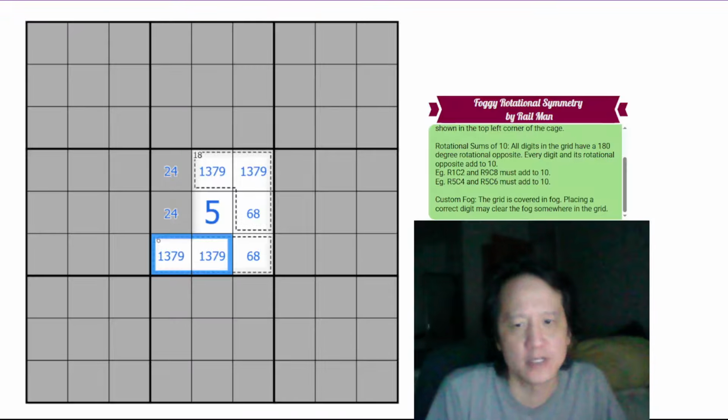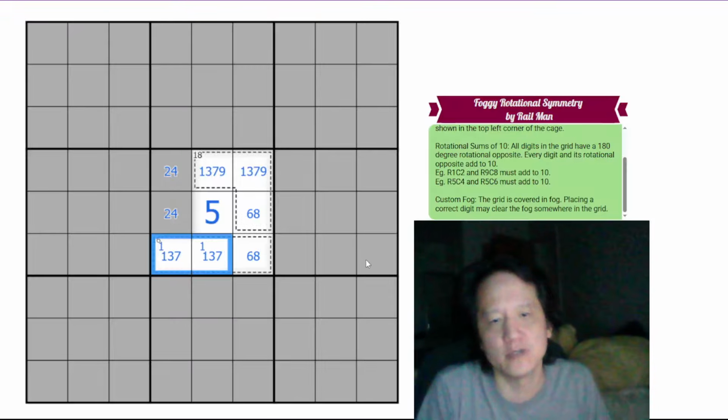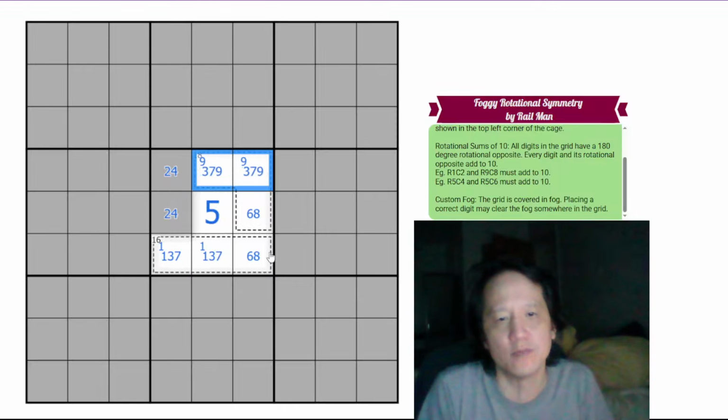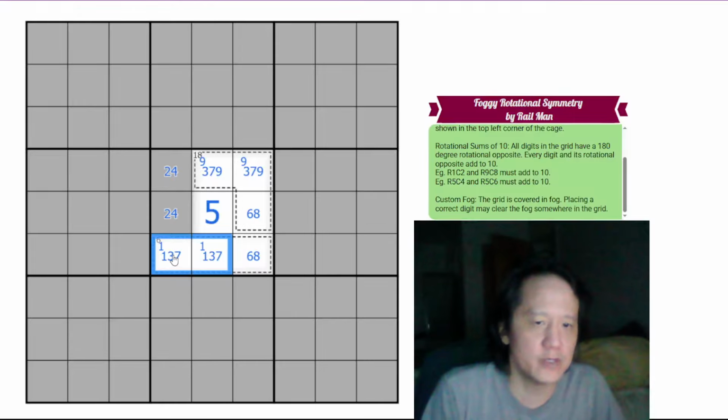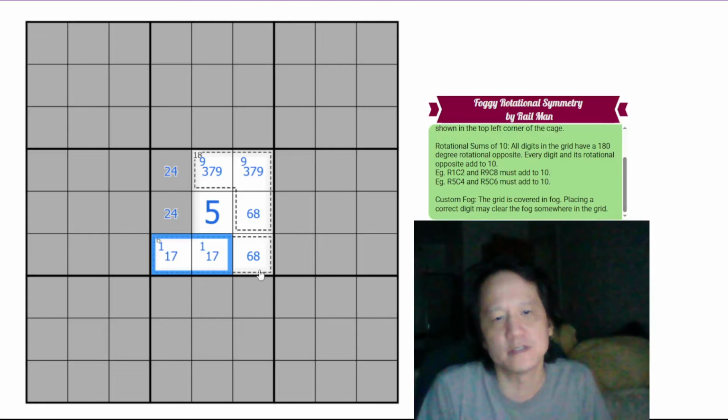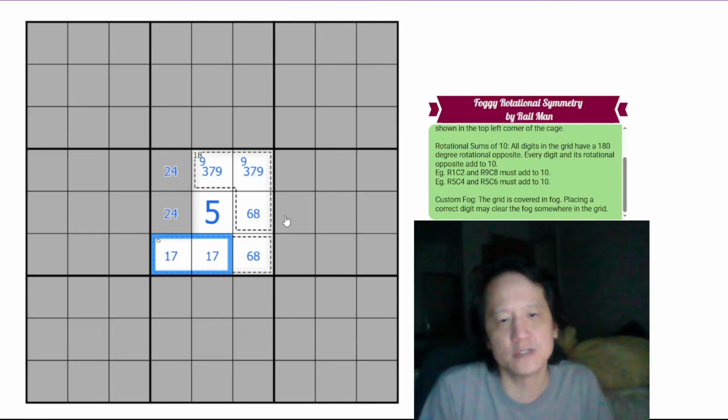So no, this can never be 9. So this is guaranteed to be a 1, which means 9 has to be guaranteed to be here, and this can't be 1. Can this be 1 and 3? 1, 3, and 8 at most adds up to 12. So no, this has to be 1 and 7. So this becomes a 1, 7 pair.